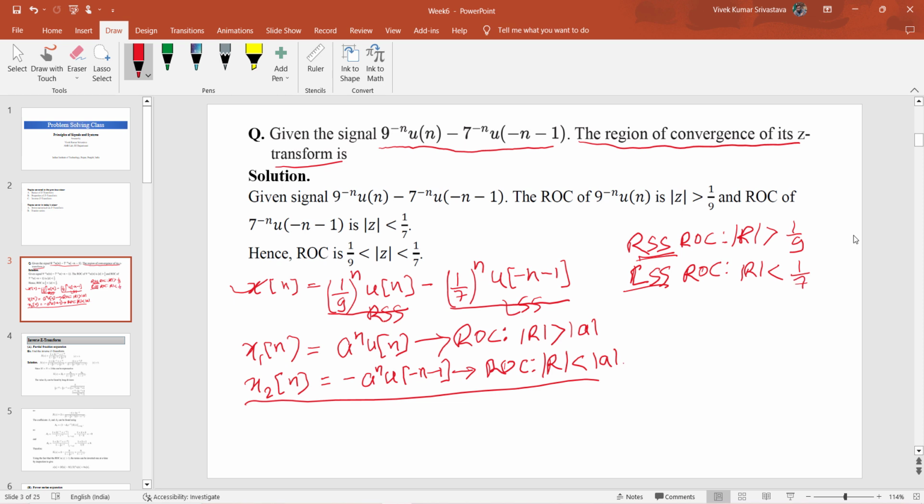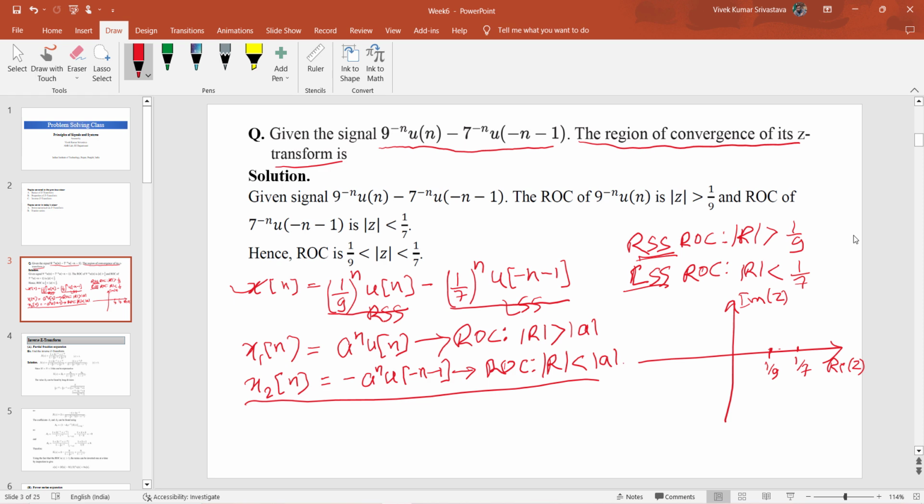If we plot this ROC, this is the real part of Z and this is the imaginary part of Z, and here is 1 by 9 and here is 1 by 7.